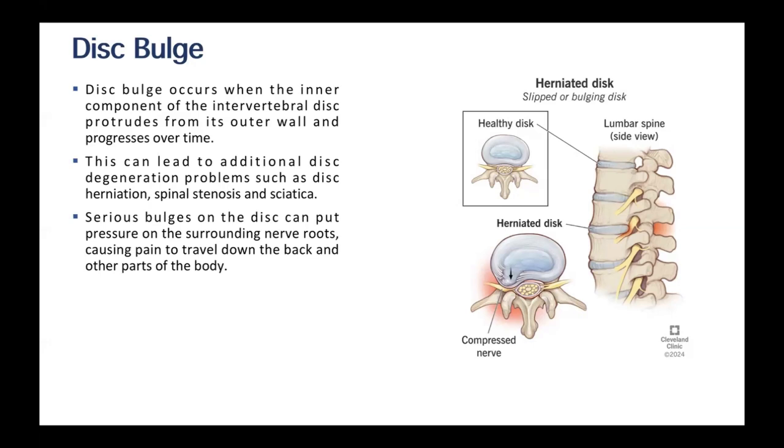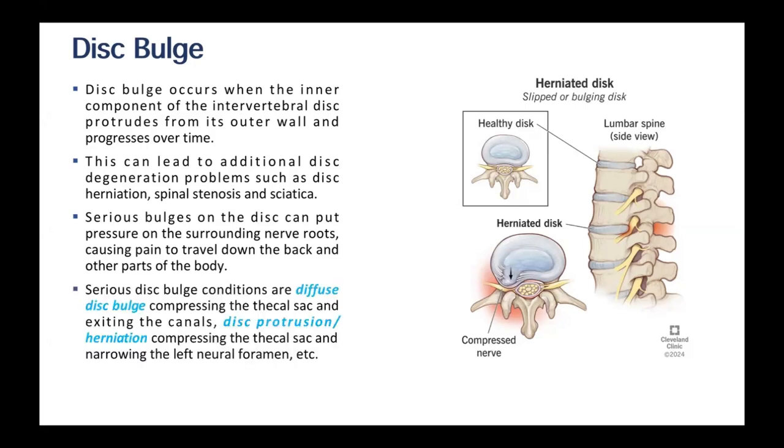The first stage is always the bulging disc, which can then go on to cause serious problems such as disc herniation, which is when it has completely protruded out and is causing serious pain, or spinal stenosis, or sciatica. Serious disc bulge can put pressure on the surrounding nerve roots, causing pain to travel down the back and other parts of the body. Serious disc bulge conditions are diffuse.